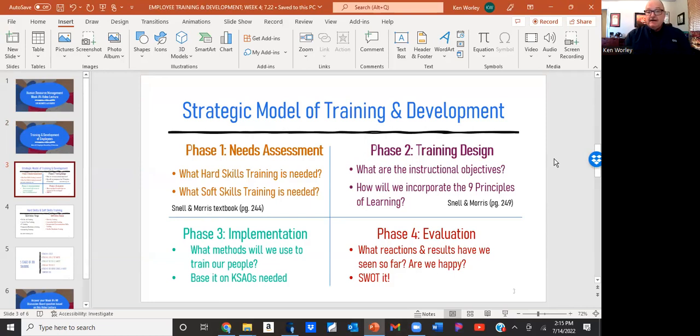Strategic model of training and development is actually located in a couple of different places in your textbook. You can also find these concepts in a number of other textbooks. I think I showed you a couple of them earlier. Let me let you know some other examples that I have. Here's one of the textbooks.